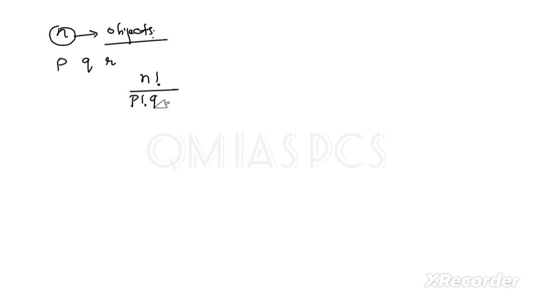Let's say there are n objects, and we have to take all n objects at a time. But p objects are identical, q objects are identical, and r objects are identical. In that case, the answer will be factorial n divided by factorial p, factorial q, and factorial r. Got it?